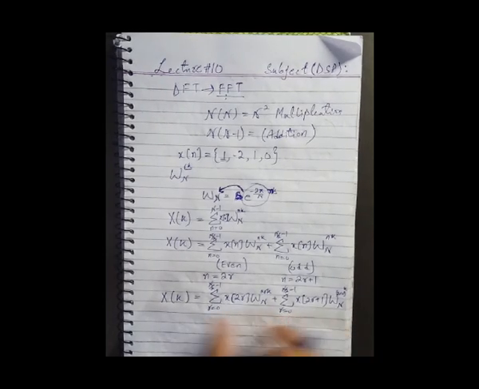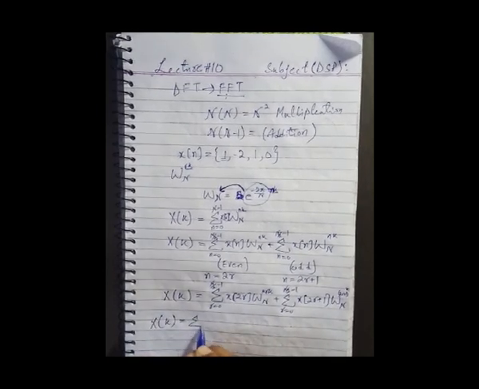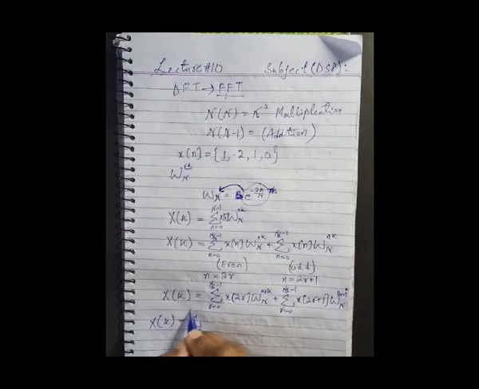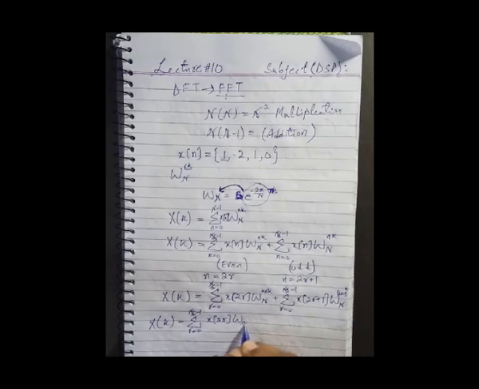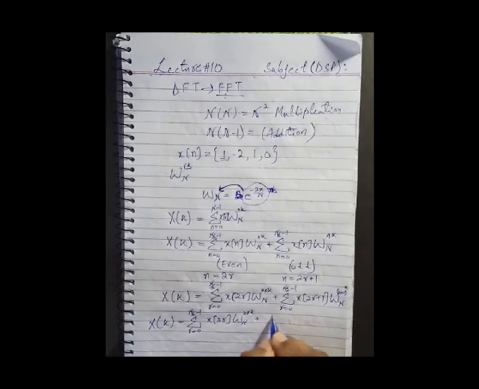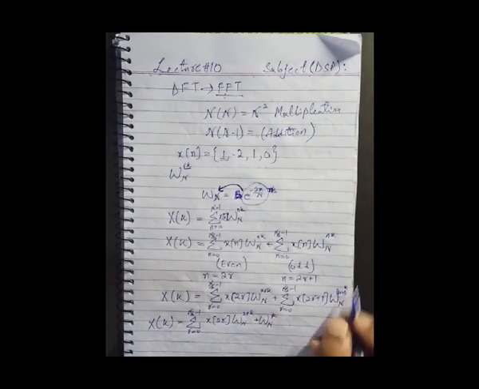And if we rearrange this term, we will get X of k, summation r is equal to 0 to N by 2 minus 1 x of 2r, 2rk plus W of N into k.